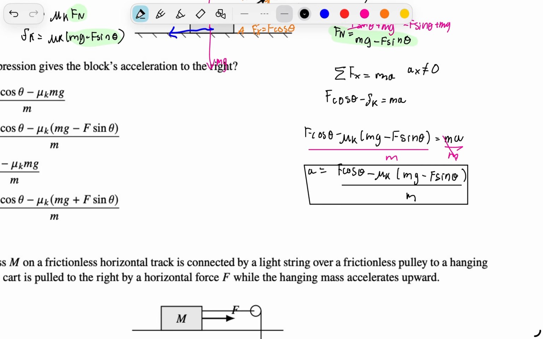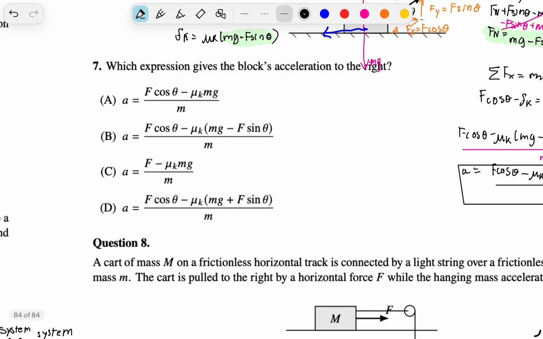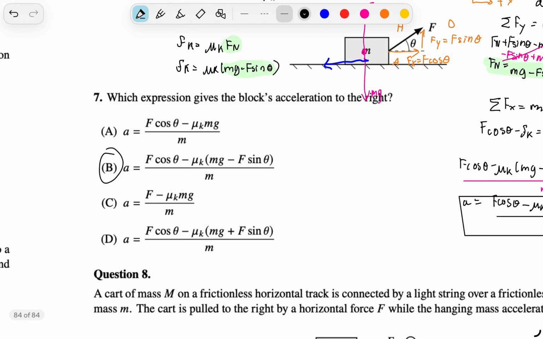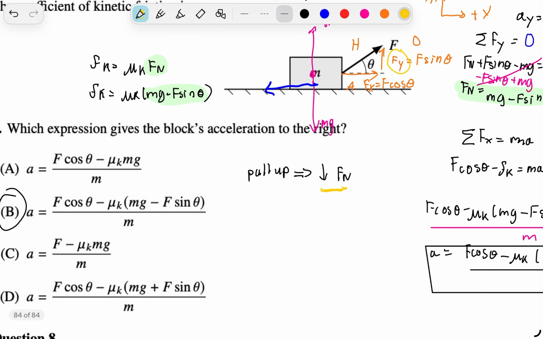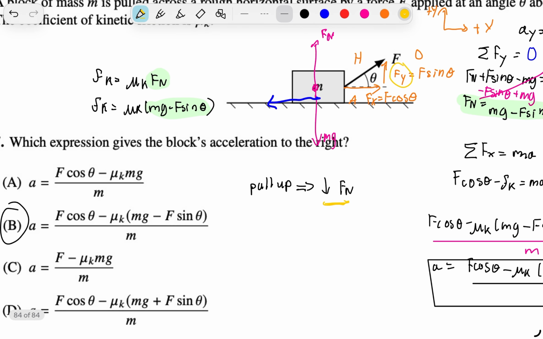So this is going to be option B. And this makes sense because if you pull up, that is going to decrease your normal force because you're providing this Fy right here. Fy is going to aid your Fn, so it's also in the upward direction. If it's in the same direction, you can just add them.